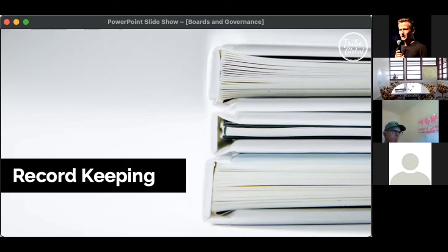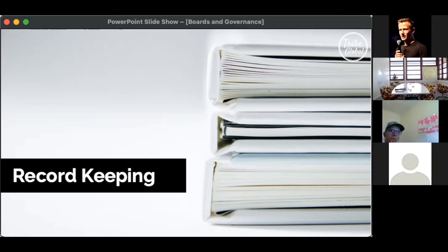I keep all the minutes of all the board meetings, any key supplier agreements. Basically anything that I sign as a company director gets put in there. And it's really important you have that practice of really good record keeping, not just dropping it in a random folder somewhere, but actually structuring it in a logical way so that it's easy to find.